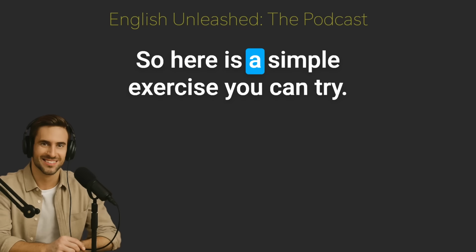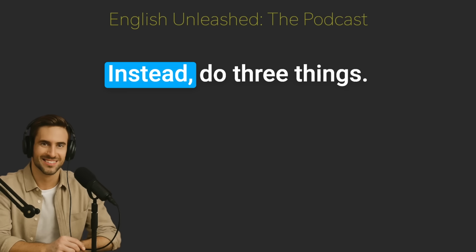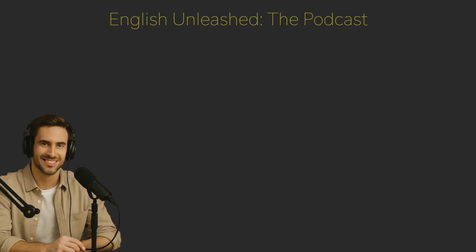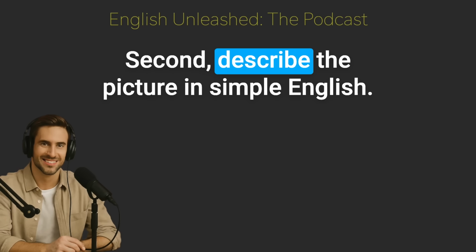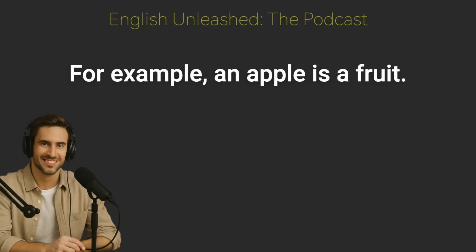So here is a simple exercise you can try. When you learn a new English word, do not write the translation first. Instead, do 3 things. First, imagine the object or the situation. Second, describe the picture in simple English. For example, an apple is a fruit.